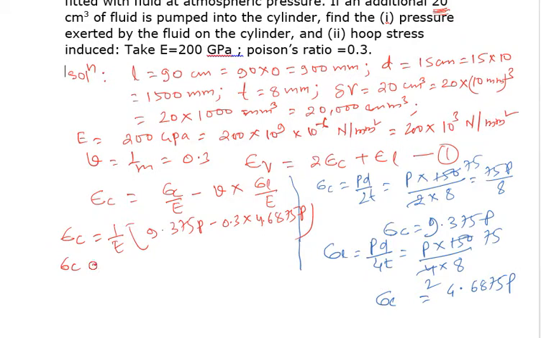So P is common, so P by E into 9.375 minus 0.3 into 4.6875. So the value will be 1.4, correct?